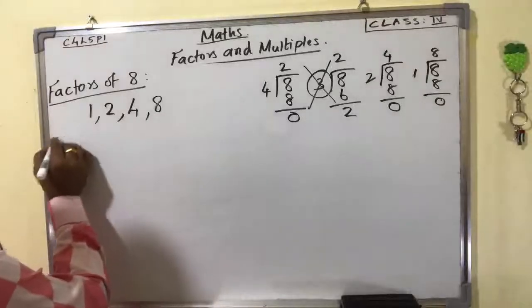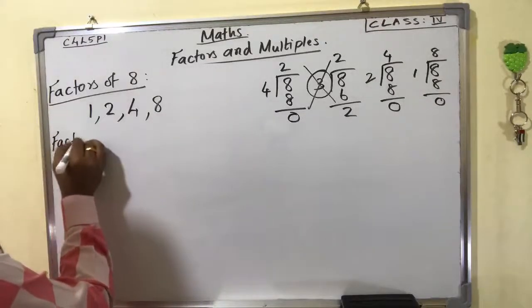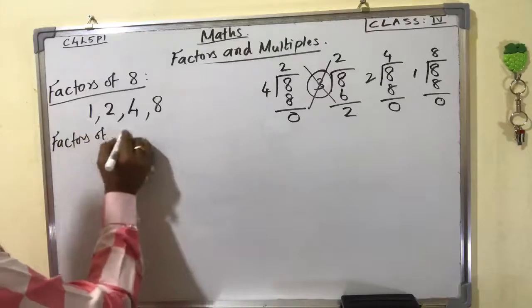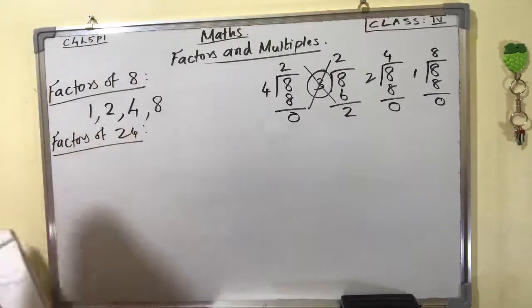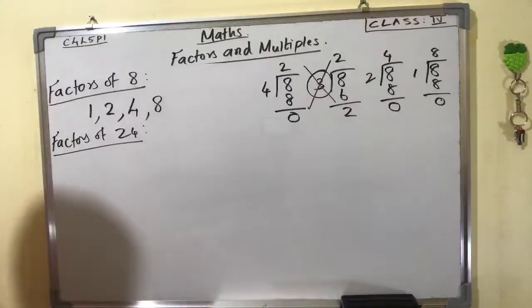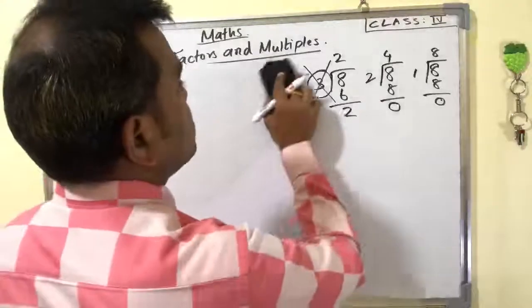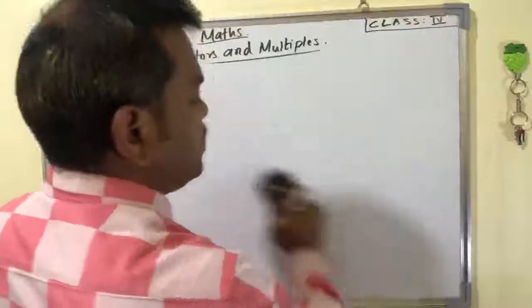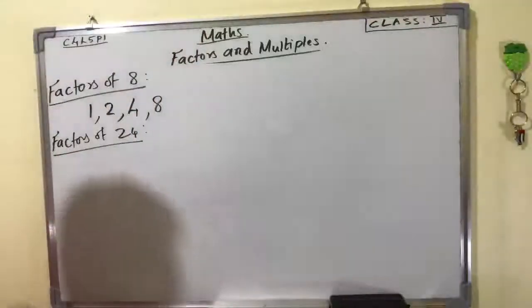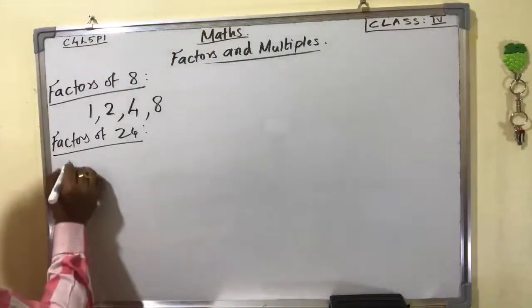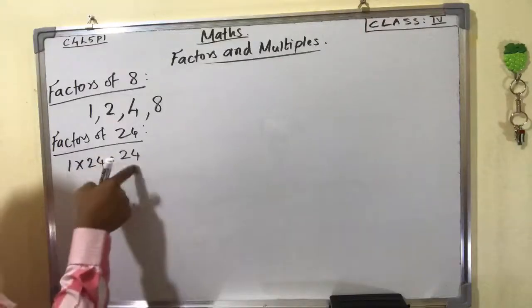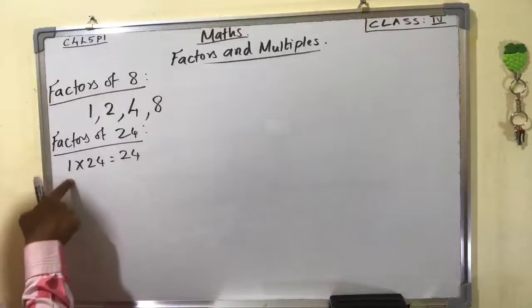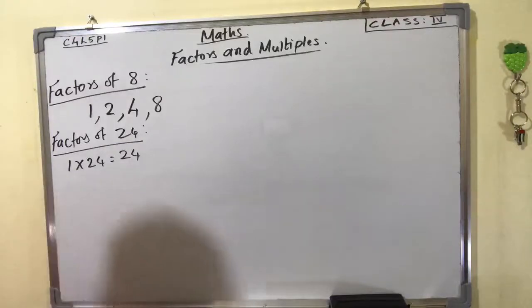Next, factors of 24. By the multiplication method also we can find. First, we found by the division method. Now I am going to find by the multiplication method. You know, 1 into 24 is equal to 24. So 1 is a factor of 24.